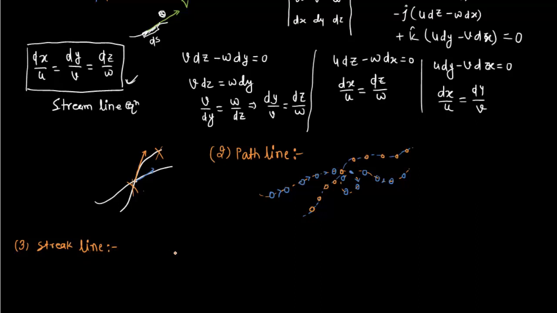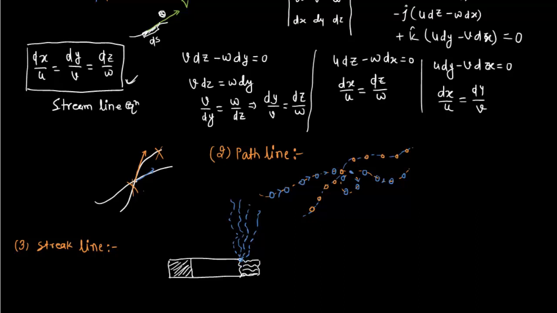So what is a streak line? I'm taking an example here, the cigarette smoke example. In this case there is some smoke pattern here. So these lines are the streak line. How can we define a streak line?